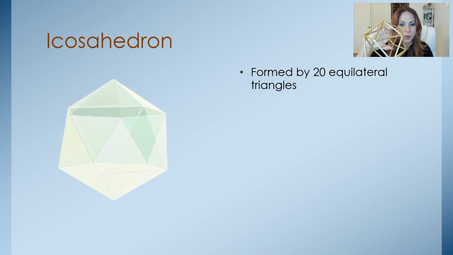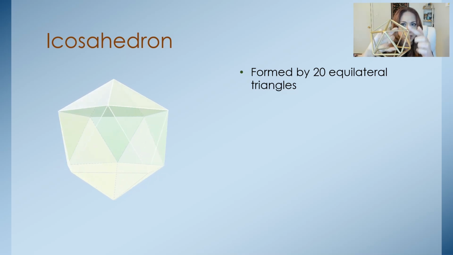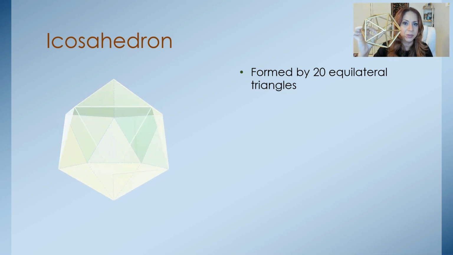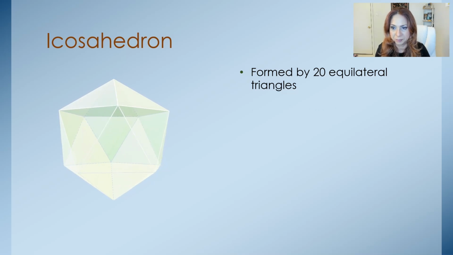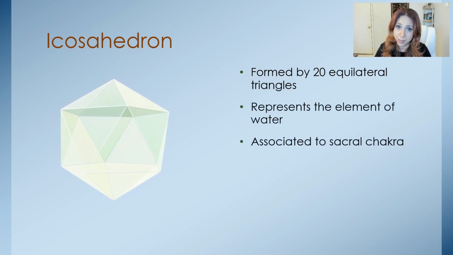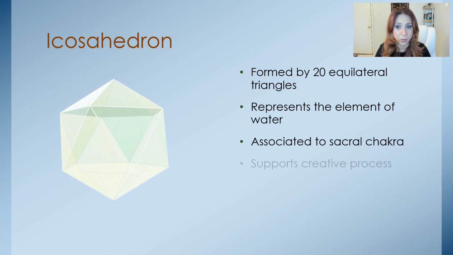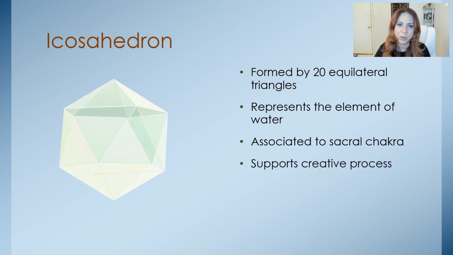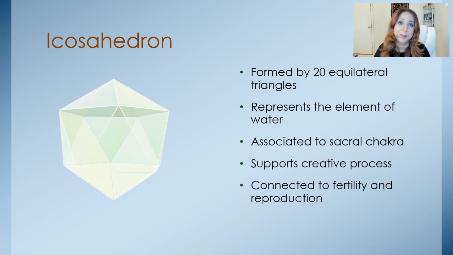They are equal, and each one of these points, as you see in the rotation, touches the sphere. It represents water and is associated to the sacral chakra. That's why it supports the creative process, creative as in reproduction, as in all your creative expressions. And it is also connected to fertility and reproduction.